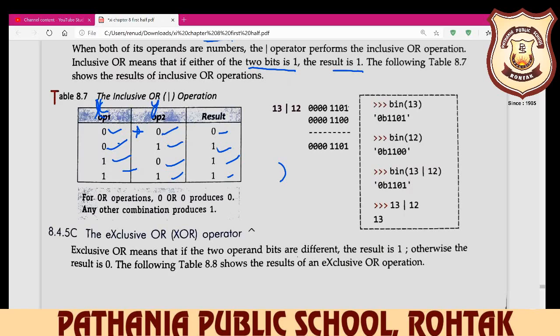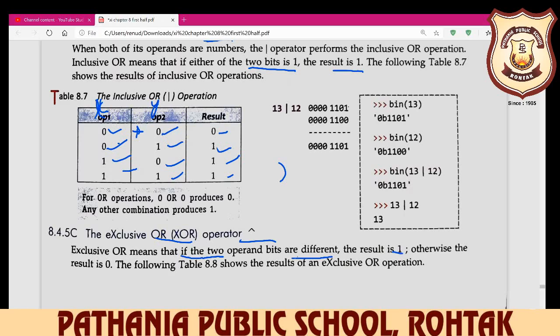The exclusive OR means XOR. Even and odd, we already know in the logic gates, we learned in the logic gates, and the use of this operator is the XOR operator. Exclusive OR means if the two operand bits are different, that is odd, the result is 1, otherwise the result is 0.